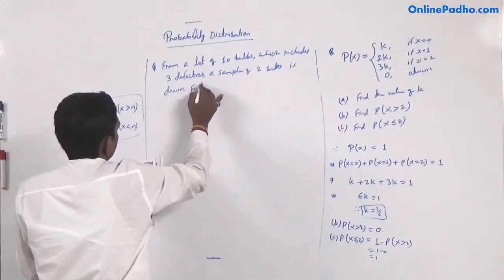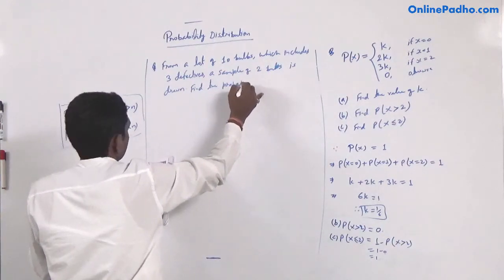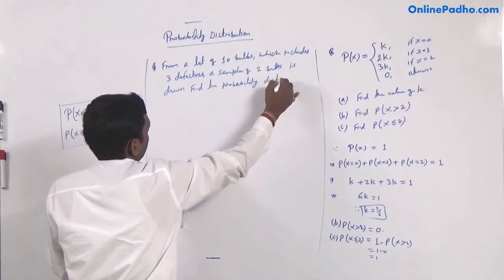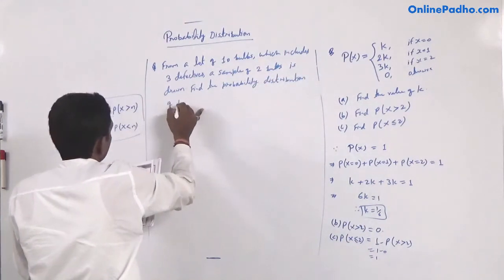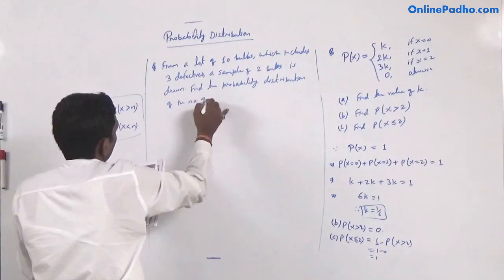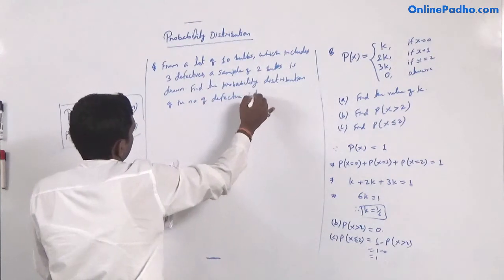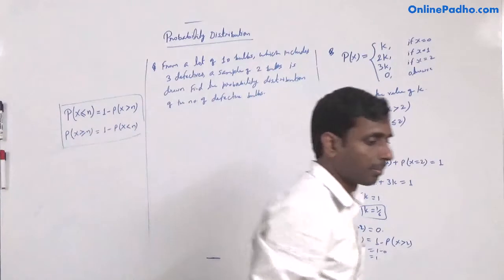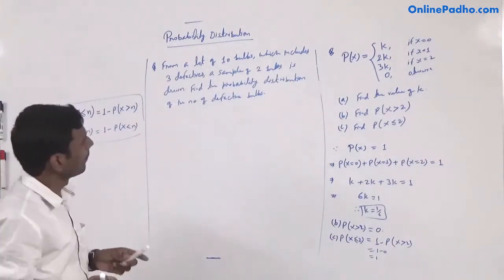Find the probability distribution of the number of defective bulbs. We have to find the probability distribution of the number of defective bulbs from a lot of 10 bulbs.